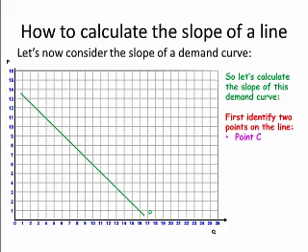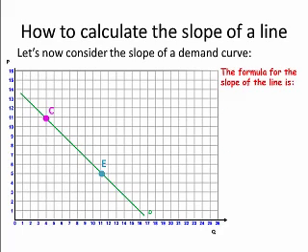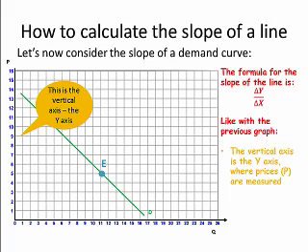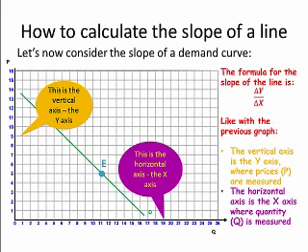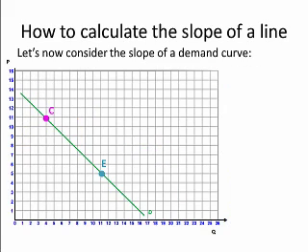We identify point C and point E. The formula for the slope of the line is change in y over change in x. Like with the previous graph, the vertical axis is the y-axis, where prices, or P, are measured. The horizontal axis is the x-axis, where quantity, or Q, is measured.